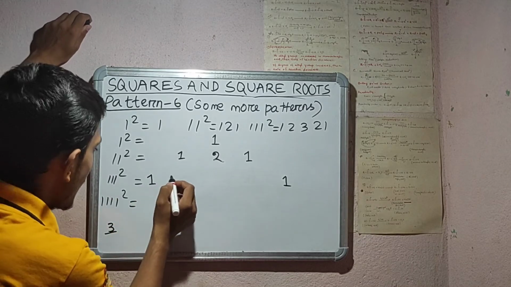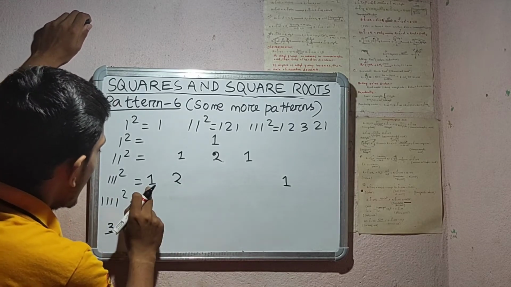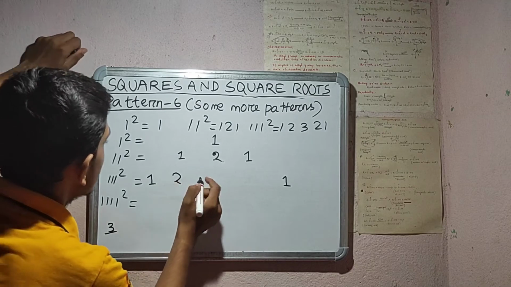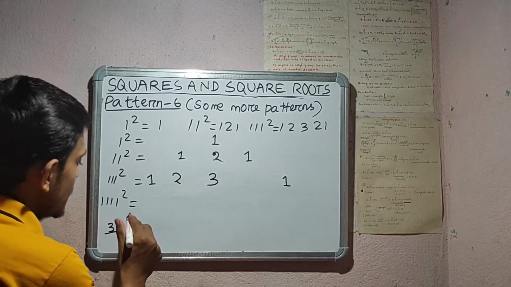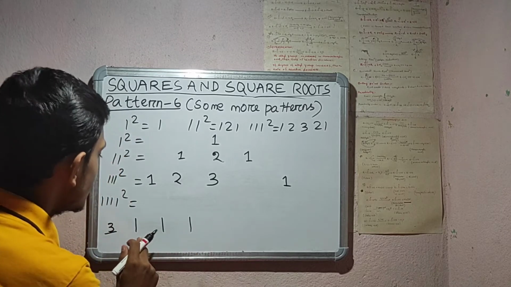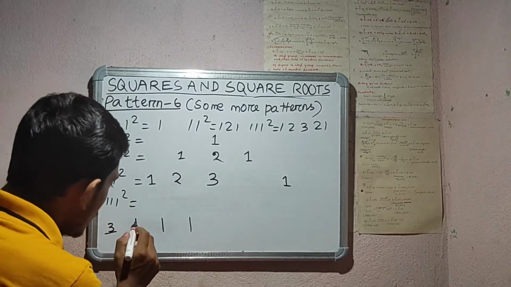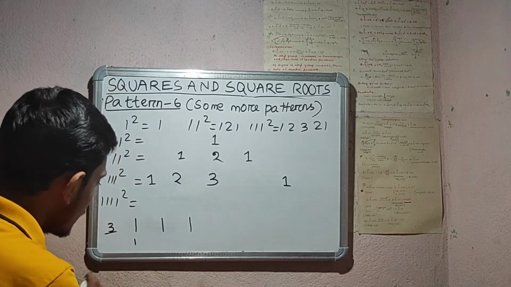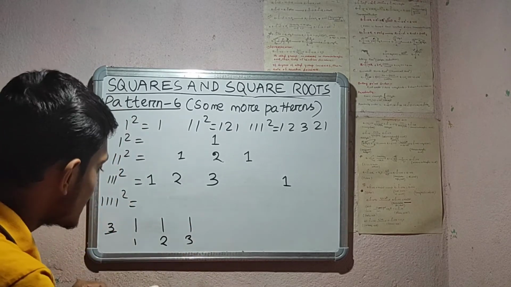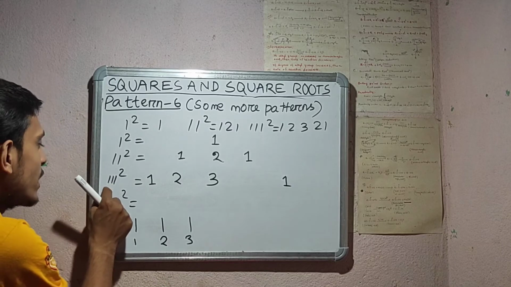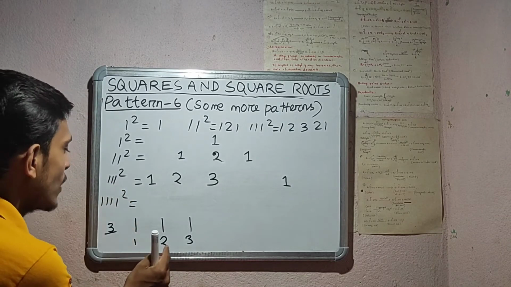So you can increase the number from 1 up to 3. This is 111. In place of 1, it increases to 2, then 3, increasing till 3 because it is a 3-digit number. So 1, 2, 3.